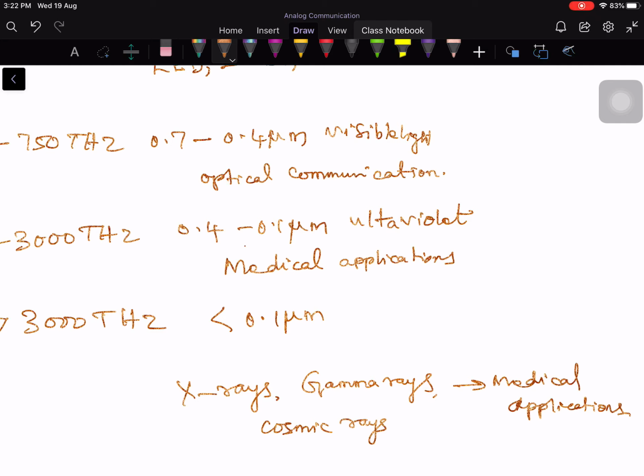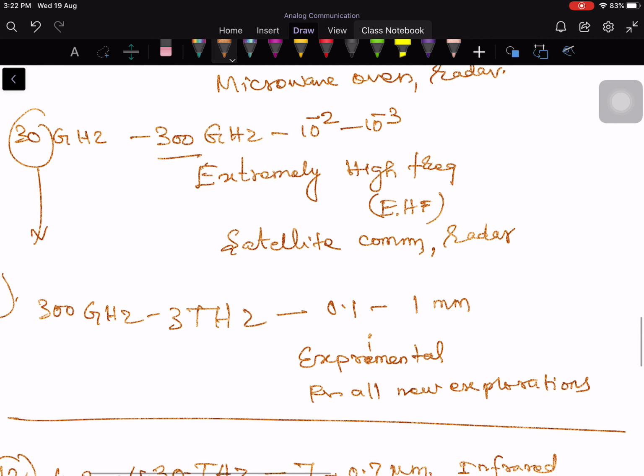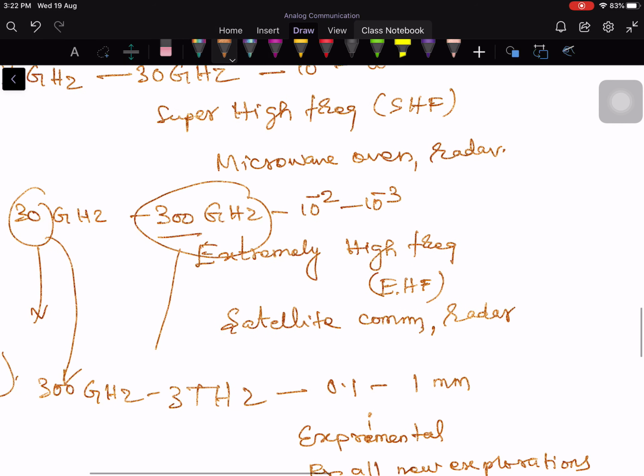So if you notice, each range is identified by end frequencies or wavelengths that differ by a factor of 10. See here, in this one, this 30 gigahertz becomes 300 gigahertz, and this 300 gigahertz becomes 3000 gigahertz, that is 3 terahertz.